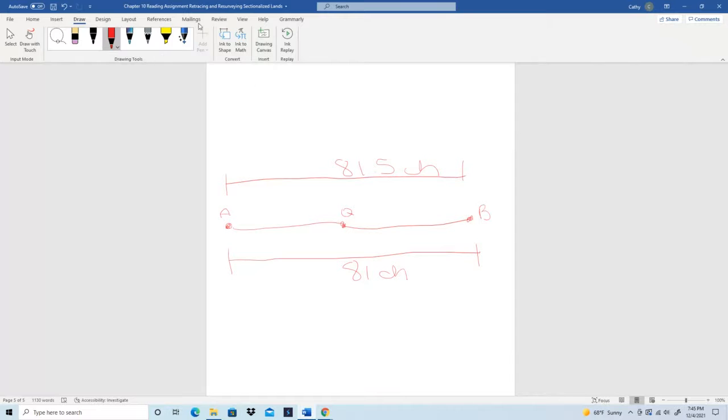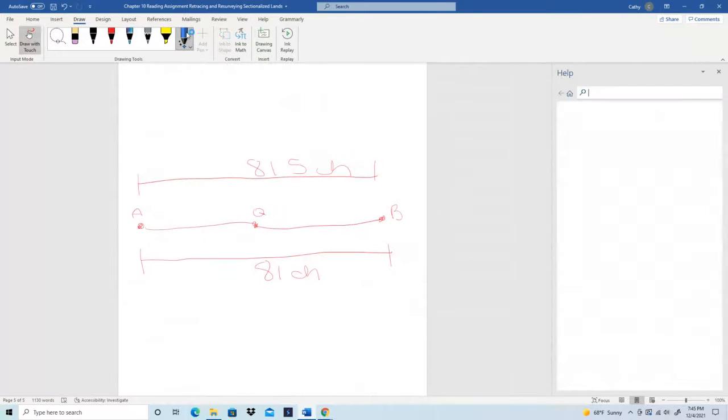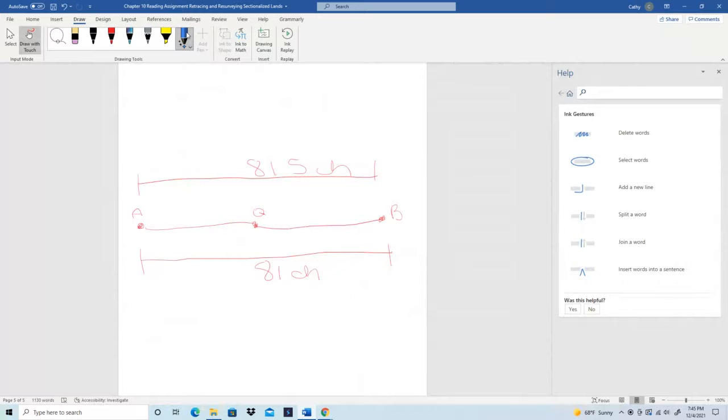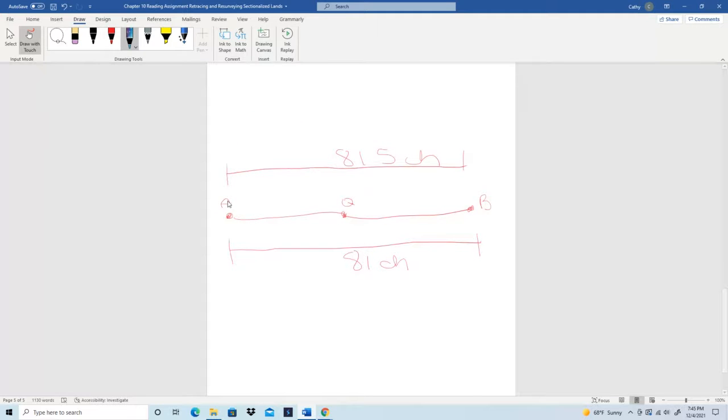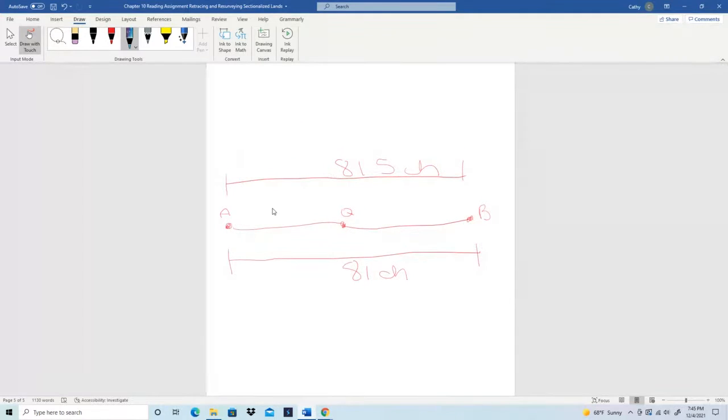And then we want to figure out what the distance originally was supposed to be from A to Q, which was supposed to be 41 chains, and from Q to B was supposed to be 40.